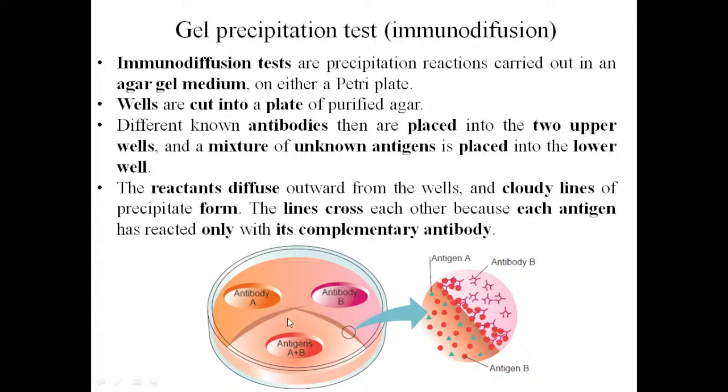If we can see a white line just here, it means that the patient is infected just by E. coli. If we can see a white line here, it means that the patient is infected just by Salmonella typhi. If we can see white lines next to both wells, it means that the patient is infected by both bacteria.